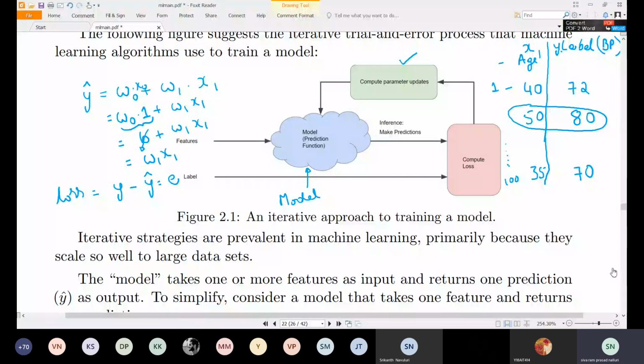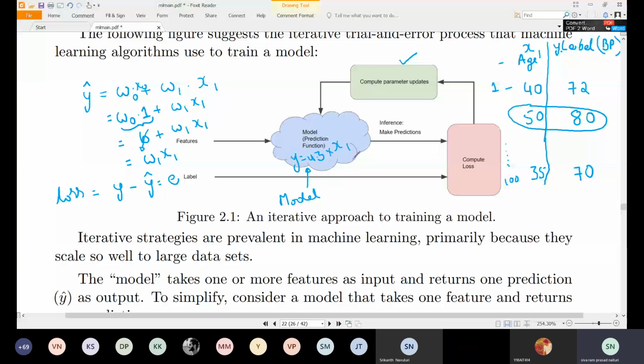Say you have come up with a model wherein your model says the blood pressure y is equal to W1. Fitting the model is nothing but finding out the value of the weights. Say W1 is say 4.3 into x1, age of the person.